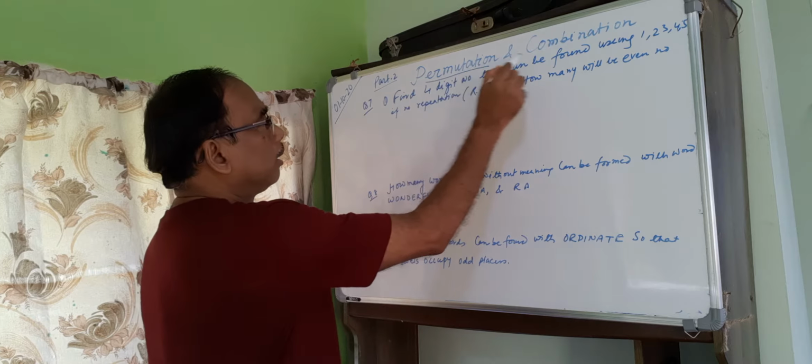There are 1, 2, 3, 4, 5, 6, 7, 8, 9, that is 9 letters. With 9 letters, we can do 9P9 ways, that is factorial 9, that is 9 into 8 into 7 into 6 into 5 into 4 into 3 into 2, multiply, that is your answer.